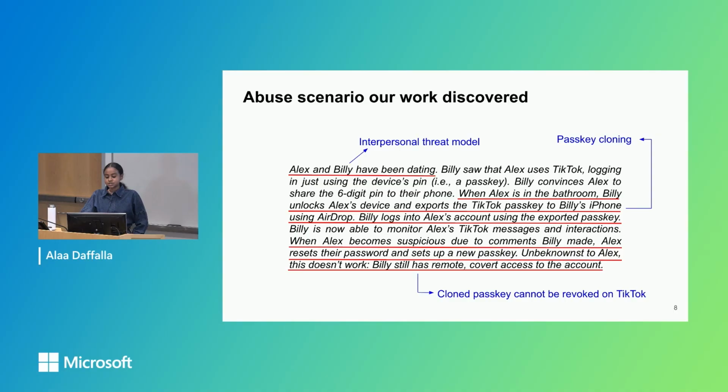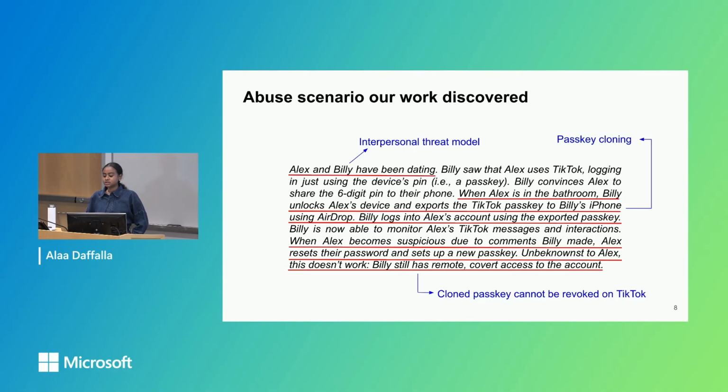And Alex is never able to recover from the attack because a cloned passkey cannot be revoked on TikTok, despite them attempting to reset the password. So Billy leverages this one-time access to Alex's device when Alex was in the bathroom. They export the passkey, make a copy of that passkey to their own device, and then maintain ongoing remote access.